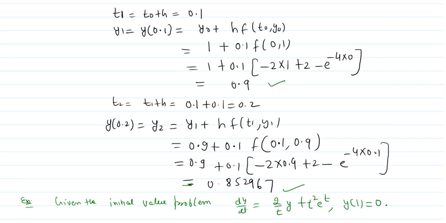Okay, so this is given. It says that use Euler's method to find the solution at 0.1 and 0.2.